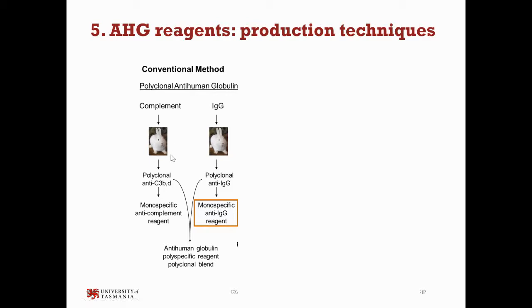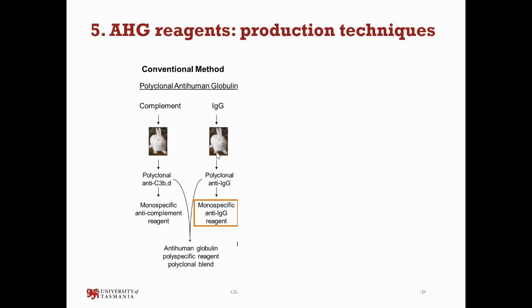And then we mix the product together, and this produces a polyspecific reagent because we're mixing some anti-complement antibody and some anti-IgG antibody together. So that gives us our polyspecific reagent. So it's specific for more than one thing. And it's made from a polyclonal blend because we're using more than one animal. Okay, does that make sense to everybody?